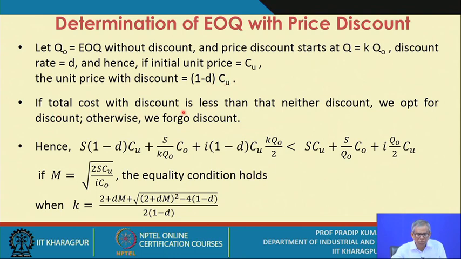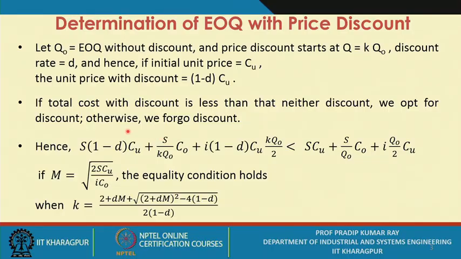If the total cost with discount is less than that without discount, we opt for discount, otherwise we forgo discount. That means when you accept discount, first you calculate the total cost, and supposing the discount is not offered, you calculate the total cost without it.